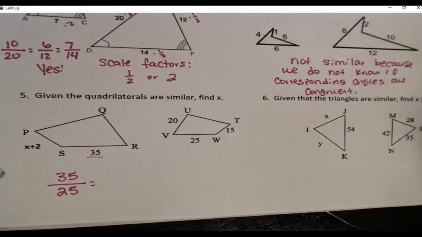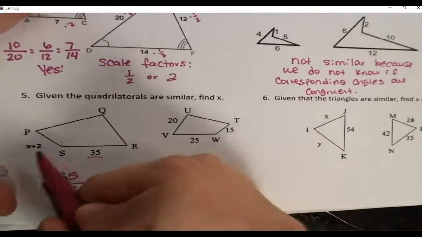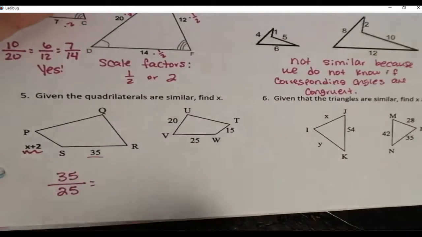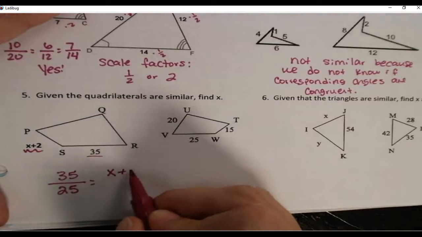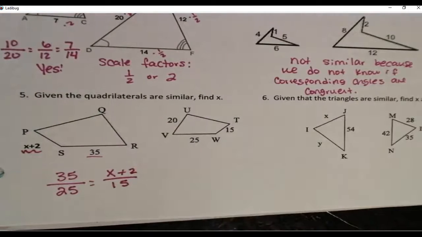As long as it matches up, no. Yeah. So I'll talk more about that after we set it up. So then we have x plus 2. Which side does it match? Good. Does it matter if it goes on top or bottom? No. Well, yes. So you can set up these proportions like 8 different ways, okay?